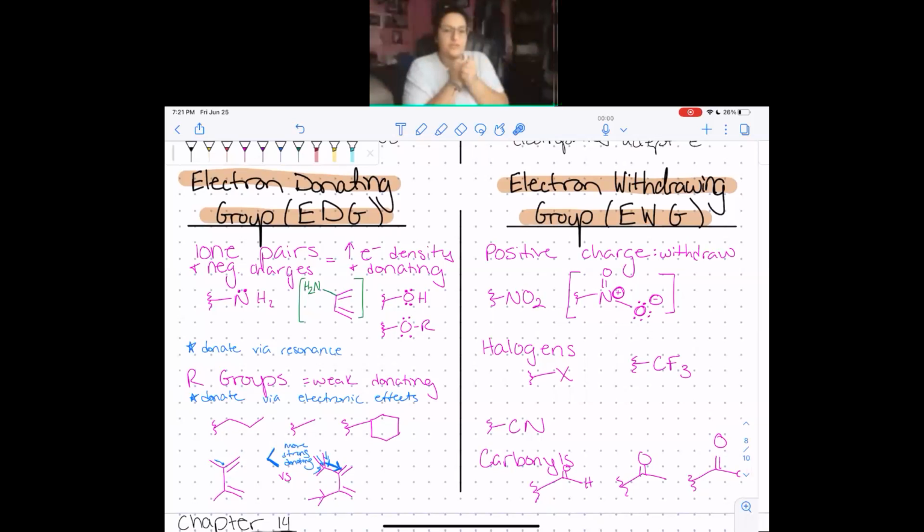So the more electron density you have, the more you can attack. So it's better to have electron donating groups on the diene. The dienophile, however, is going to have electron withdrawing groups, because the more you withdraw electrons, the more positive charge your dienophile gets, and the more likely it is to be attacked.